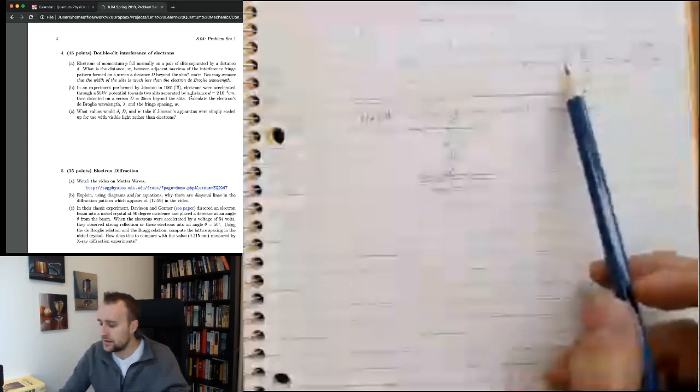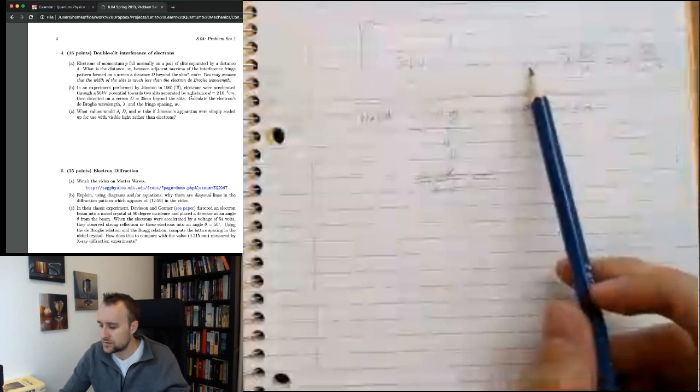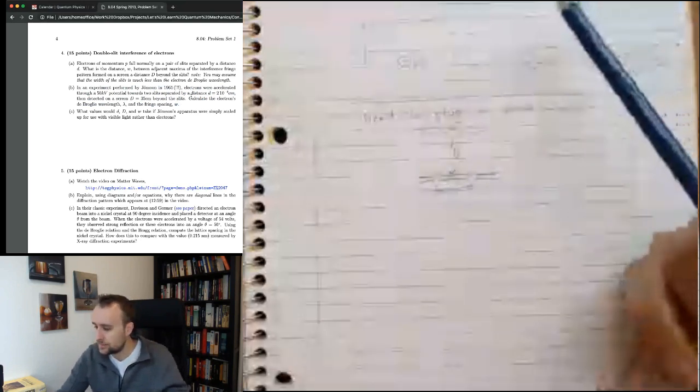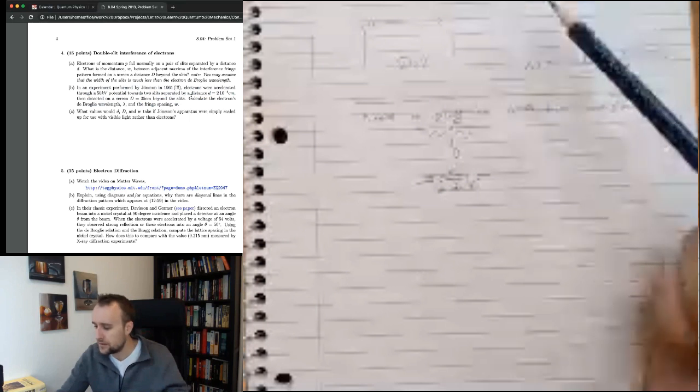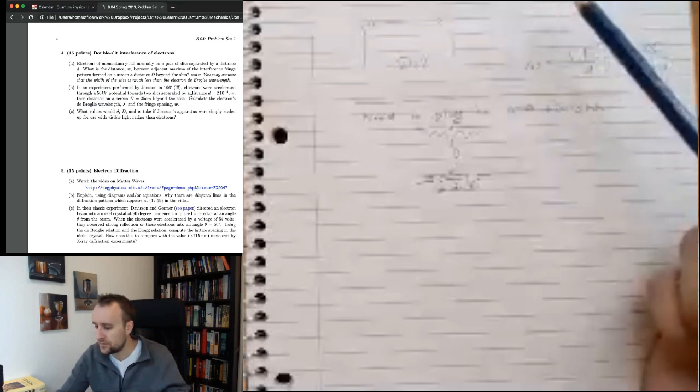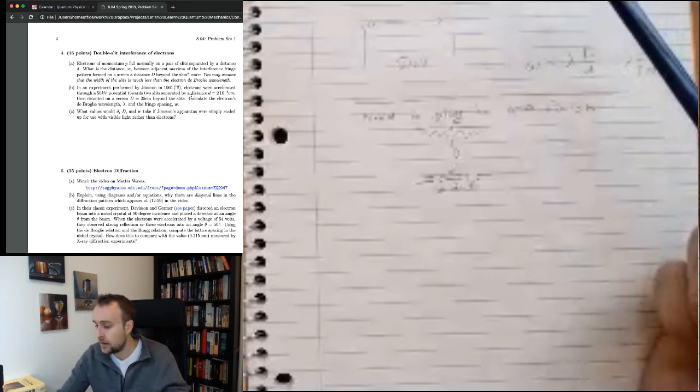So D over d times lambda is going to be equal to this fringe spacing. So we just need to figure out how fast the electron was going, and then from that we can compute its momentum, and from that its wavelength.